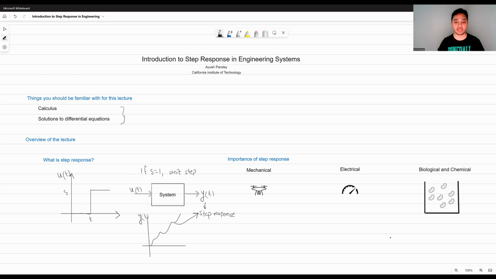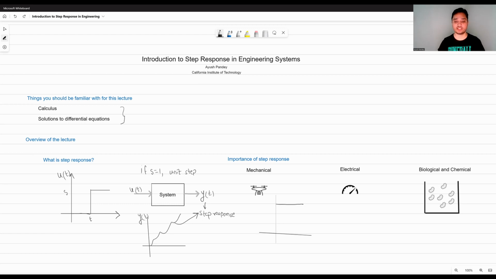A second kind of use case is to also desire something from the designer by describing how you would want your system's step response to look like. So for example, for this drone example, I can ask the aircraft or the drone designer to give me a drone that responds very fast to my step input.